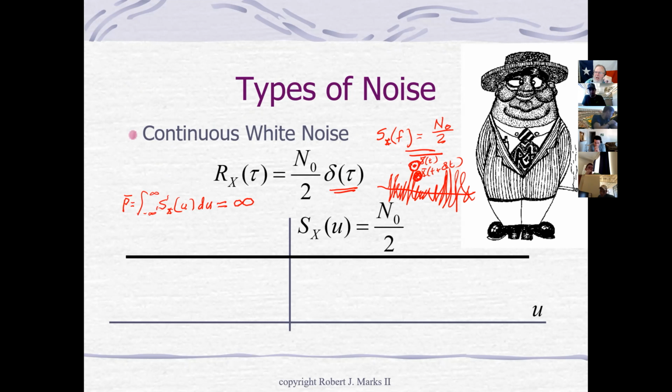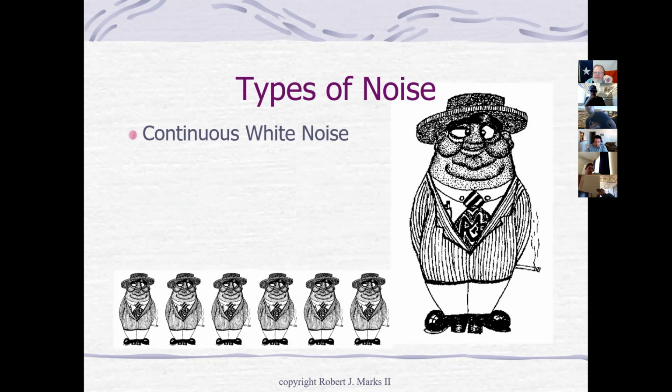That means you have to have a lot of ability to move up and down with white noise. And that ability to move up and down instantaneously requires an infinite amount of power. Okay, well, that's not good news, right? But nevertheless, we use the concept of white noise all the time. We use it because of its analytic tractability. Remember, our Gaussian is our good buddy in probability and statistics. Well, white noise is our good buddy in dealing with stochastic processes. It's so easy to deal with analytically.